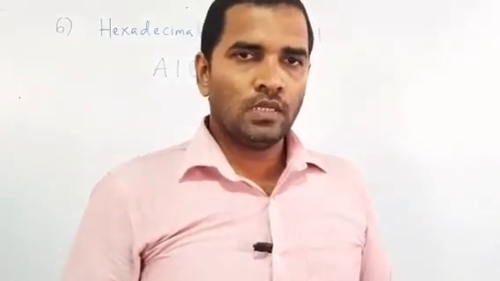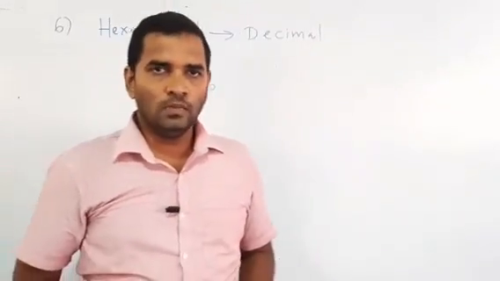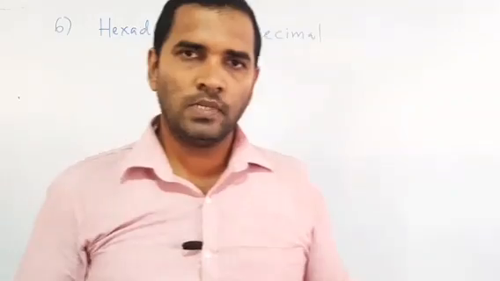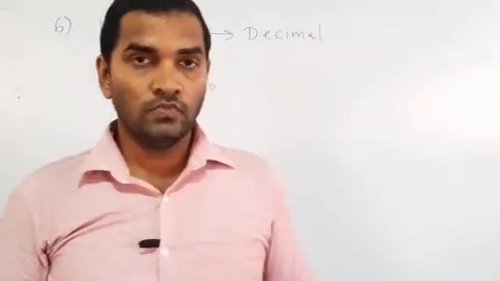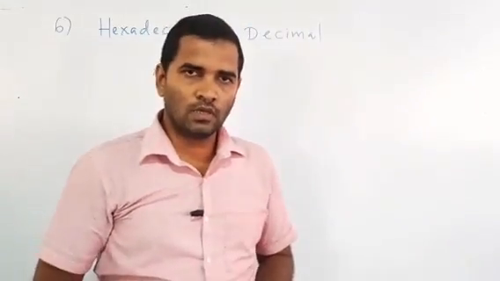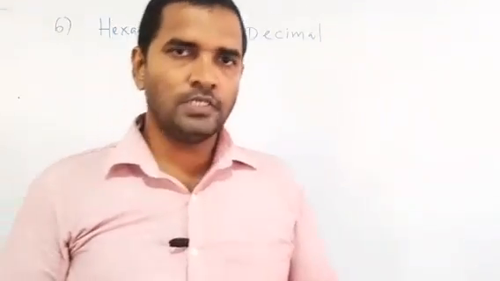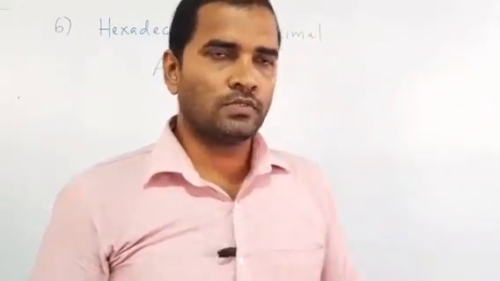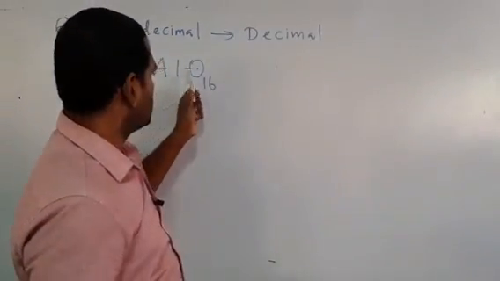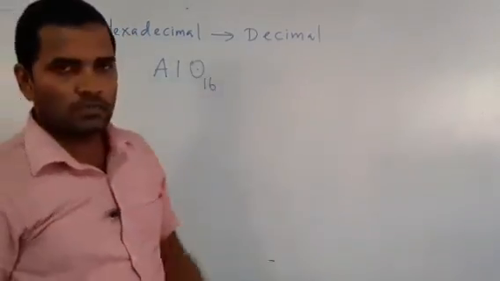We all know that A10 is a valid number in hexadecimal because hexadecimal is a number system which has both digits as well as English letters. So here, A10. Let's find out the decimal equivalent.